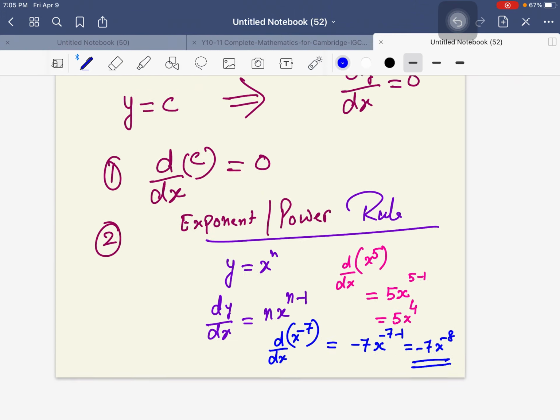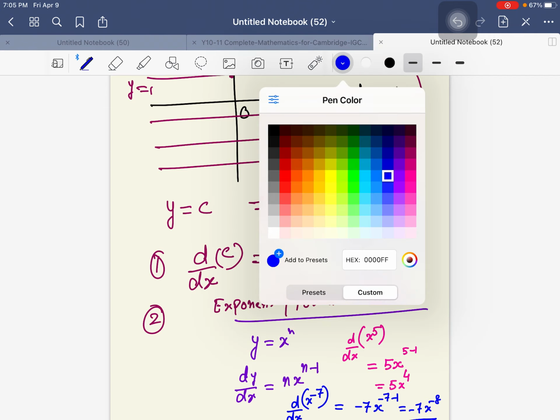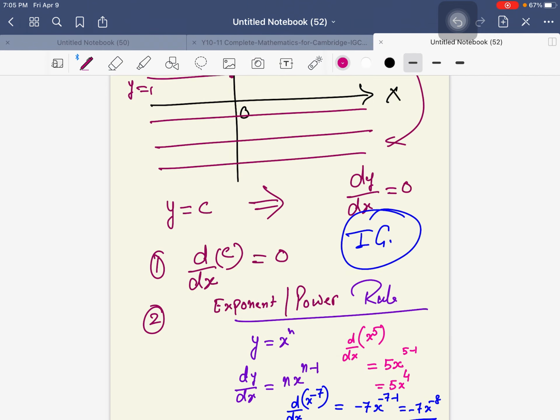That's it. So at IG level, to find any kind of derivative, you need to understand and you need to memorize two rules. That one is derivative of any constant. Derivative of any constant, that constant can be pi, that constant can be a fraction, 3 by 7, that constant can be a square root or the cube root, can be anything, any constant value.